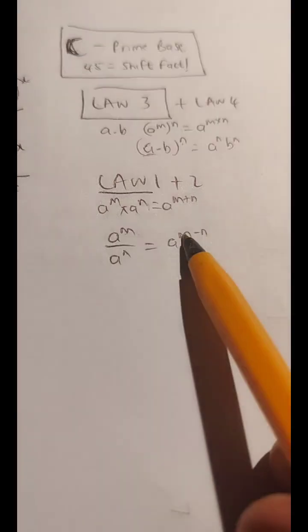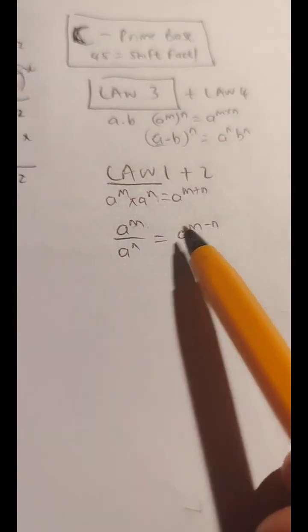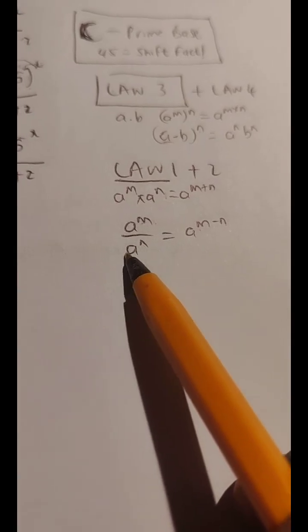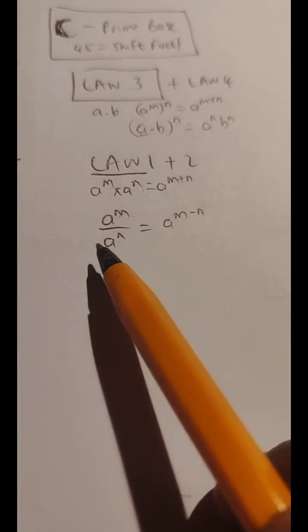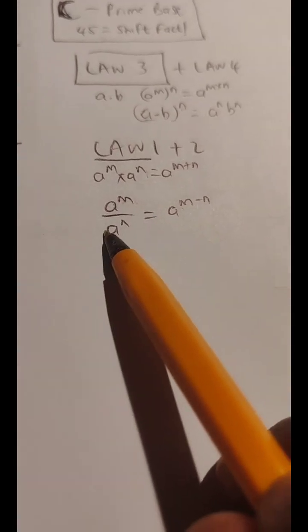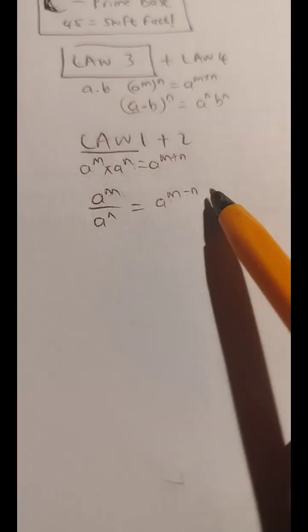This m is at the top, it retains its exponential sign. This n has an exponent at the bottom with the base being at the bottom. So when you raise it up to the top, when it moves from the bottom to the top, the exponential sign changes from positive to negative. So this is a typical thing that we need to take note of.